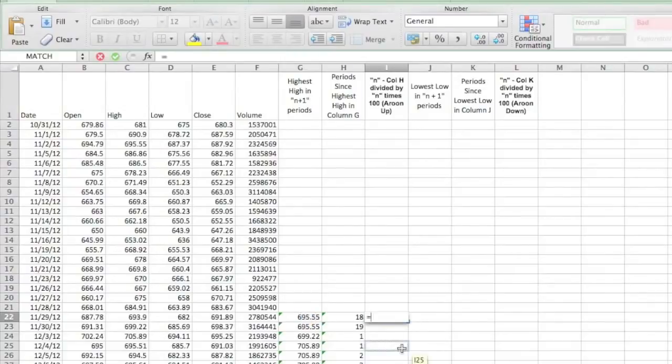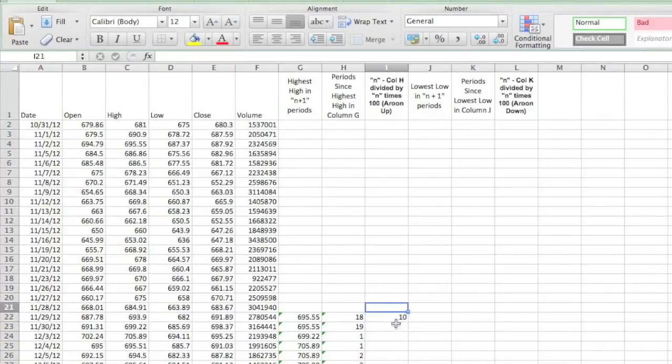So we're going to need two open parentheses, n equals 20, minus the value we got here, close the parentheses because we want to calculate that first, divided by n, which is 20, then close the parentheses, and multiply all that by 100.